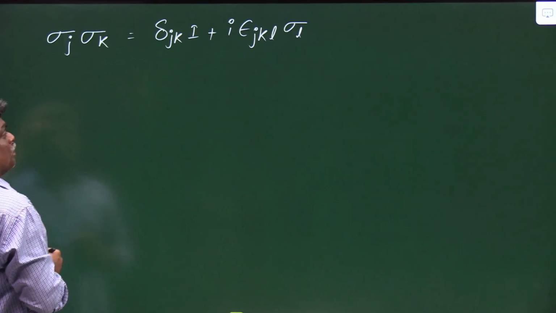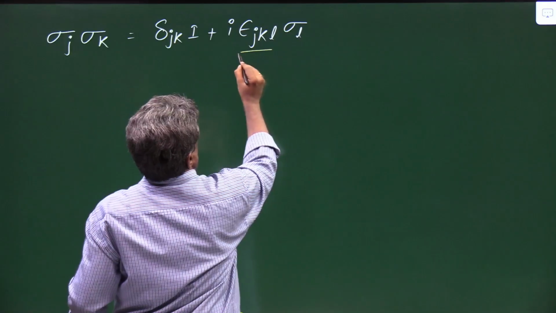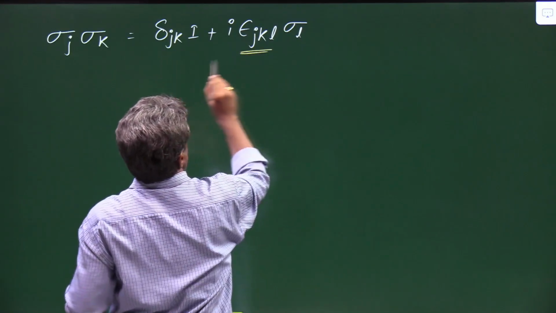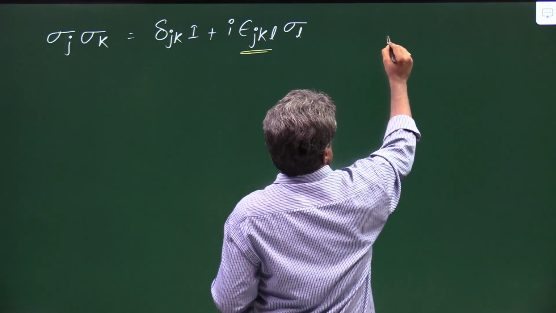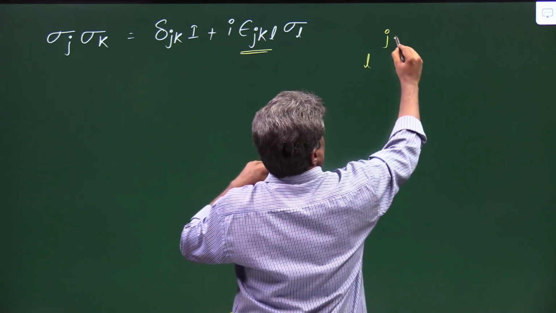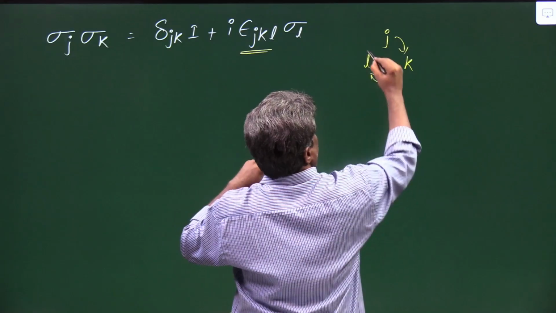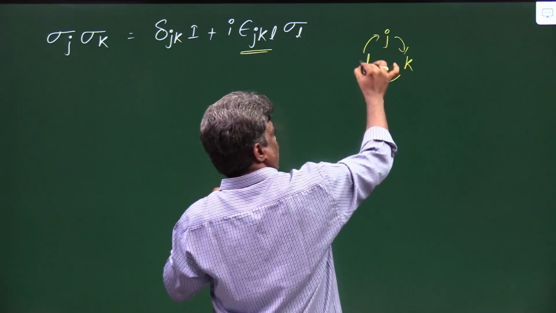Now what we are going to find is you have to know the relation between this, I mean this one. This is the Kronecker delta and this is the Levi-Civita. So you just please remember like this. This is the jkl, write like this, jkl. So this is the cyclic permutation order jkl, klj, ljk.